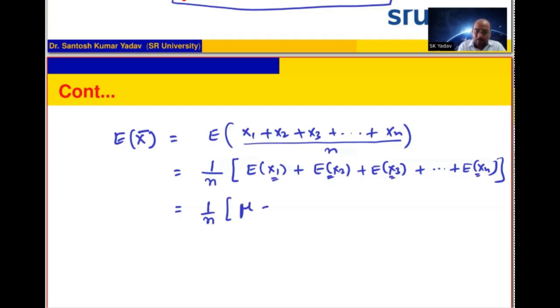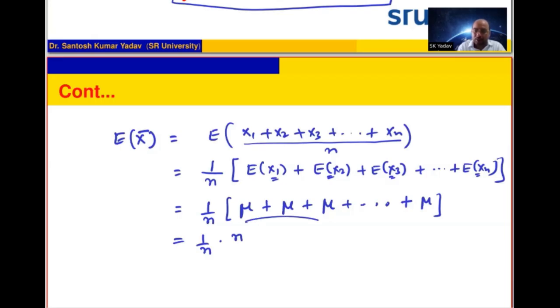So E of x1 is mu, plus E of x2 is mu, plus E of x3 is mu, plus and so on, E of xn is also mu. So what did we get from here? We got 1 upon n into n times, because this sample is of size n. So this summation will lead to n times mu, so this n cancels out.